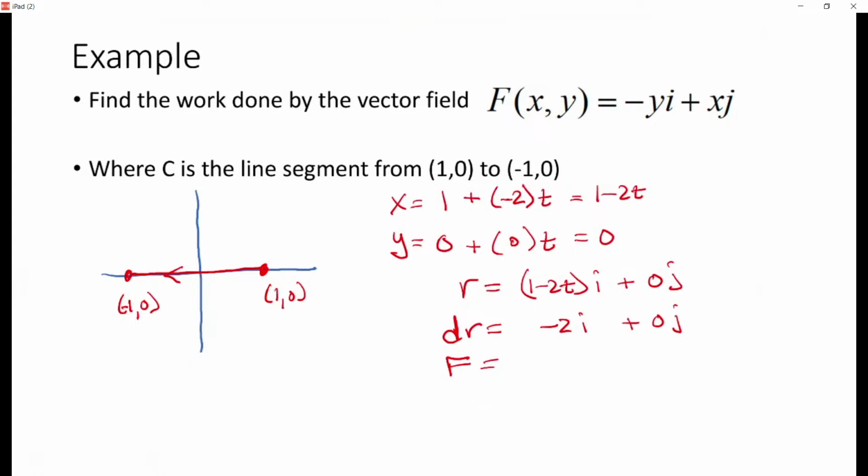And then Rayland, what's the function, the actual vector field in terms of t? Because I have it in terms of x and y up there. All right, very nice.